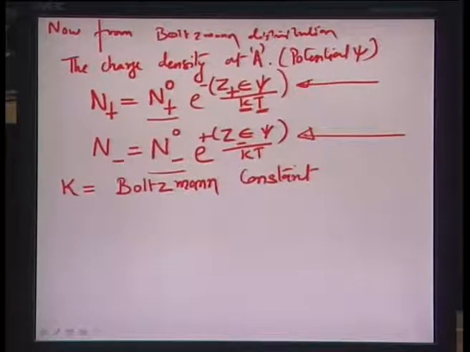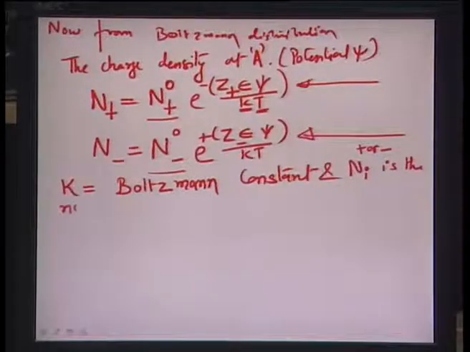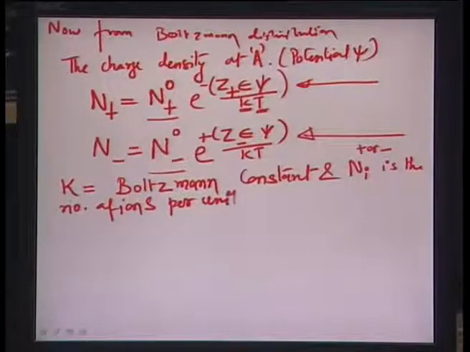And the particular n here, let me call it Ni, whether it is positive or negative, is the number of ions per unit volume at A.